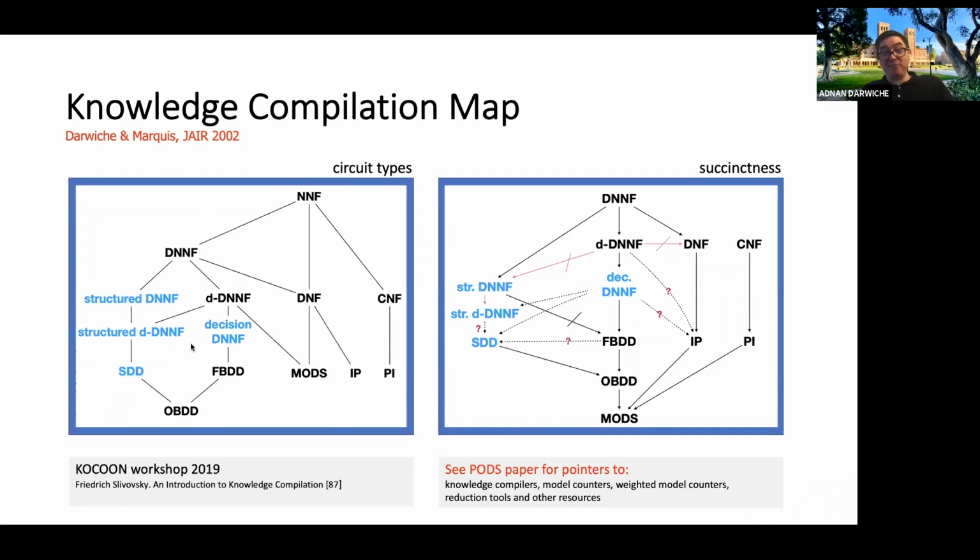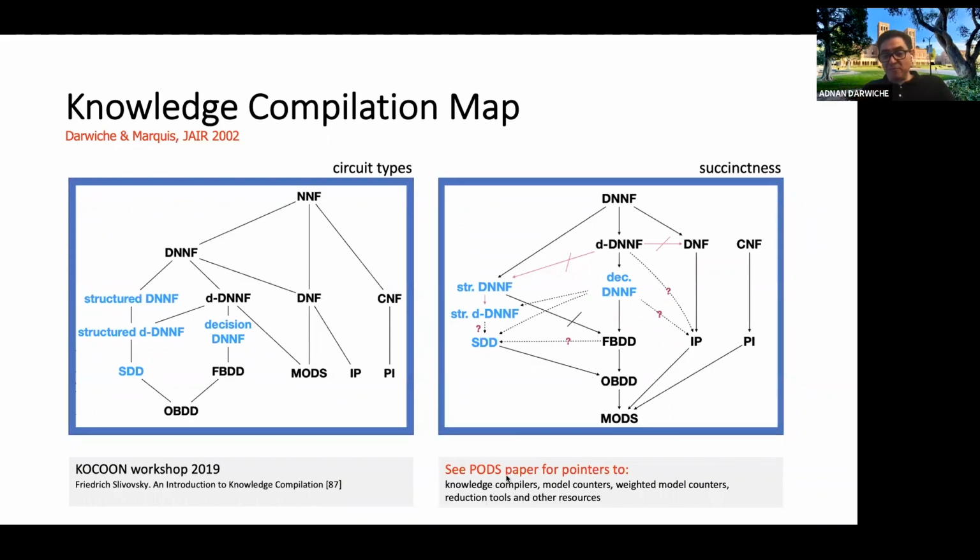You can see this diagram where you start with the NNF circuits and you add decomposability, you get this. You add more properties. There's a lot of these circuits, as you see. And the idea is, as you go down, two things happen: more computational power, and the circuits get bigger or less succinct.